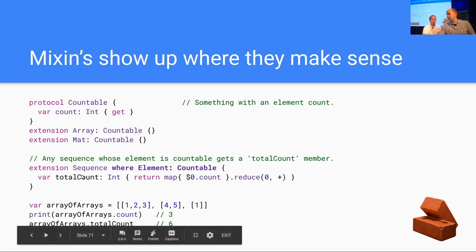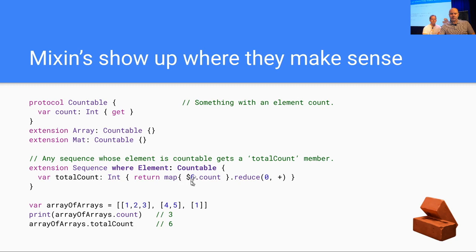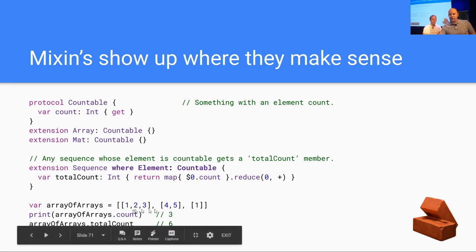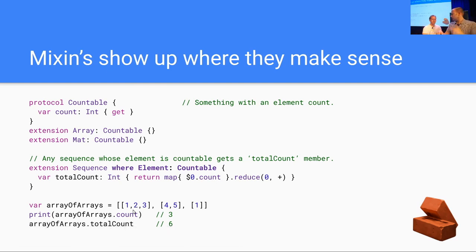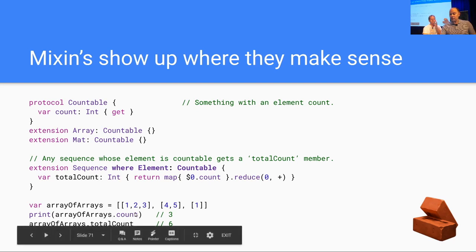The way this is implemented is it just says, map over myself, get the count, add all the counts up together, and then I have a total count of all the things in my array. And now if I have an array of arrays, an array of Mats, a lazy mapped collection sequencey thingy of Mats, whatever it is, I can just ask for its count or its total count.